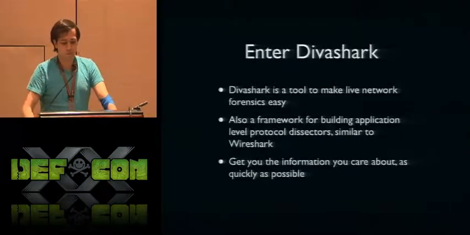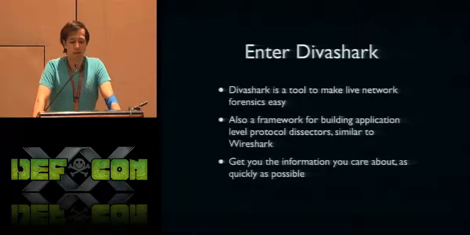So this is where DivaShark comes in, and it's a tool to try to make this live network forensics easy. In addition, it's also a framework so that we can build application level protocol dissectors and classifiers similar to DivaShark, but that don't care about the low level details.